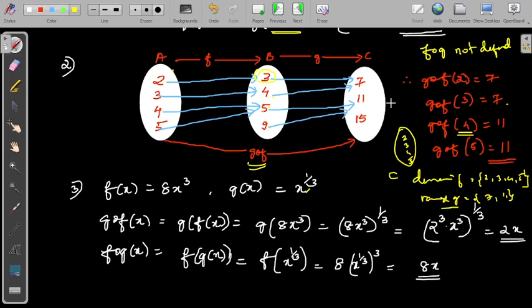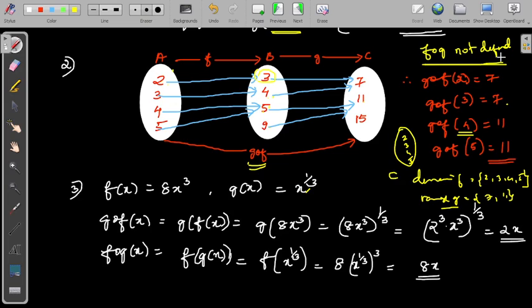Hence you can't establish the connection. 3 goes to 7, where that 7 goes to, nowhere, you can't establish. There is no connection. Whereas in this case, f is taking a to b, g is taking b to c. There was a connection. Hence, you could define g composite f. F composite g is not defined in this case.